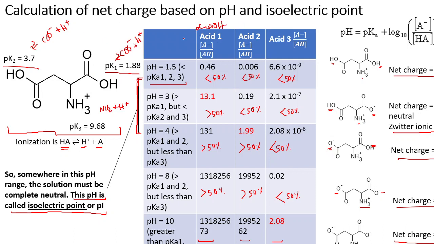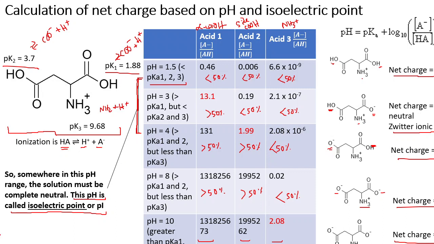Then this is acid 2, which is the side chain COOH, and this is acid 3, that is NH3 plus. So what is the ionization ratio, meaning A minus by AH, for different pHs? You can see at pH 1.5 these are the ionization ratios, at pH 3 these are the ionization ratios, at pH 4 these are the ionization ratios, and so on.